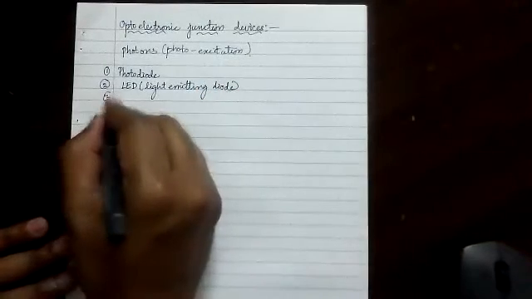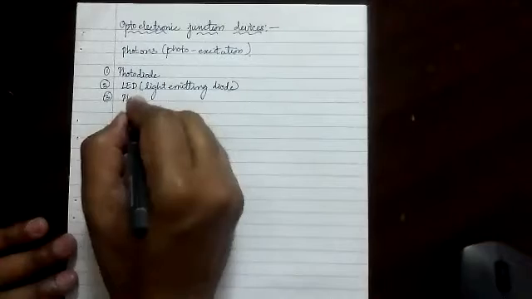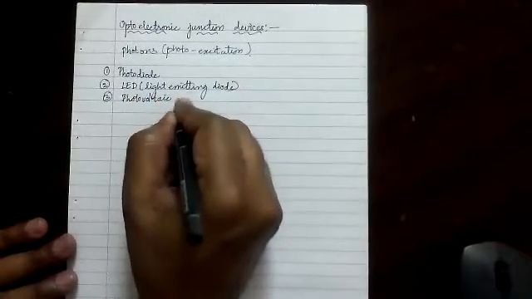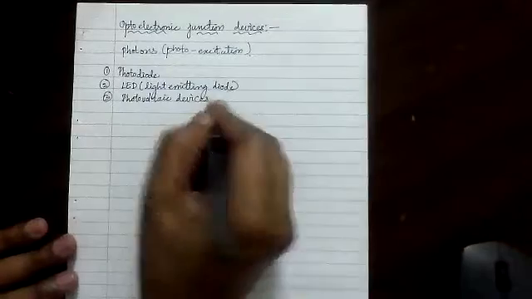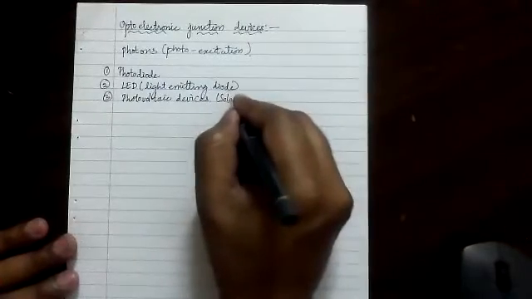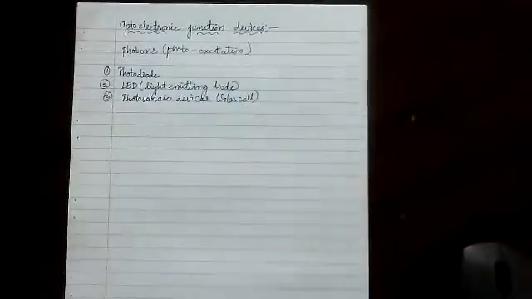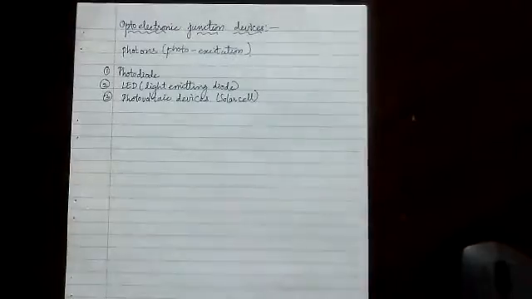The third one is the photovoltaic device, that is said to be the solar cell. So we have the photodiode, the LED, that is the light emitting diode, and the photovoltaic device, that is the solar cell.